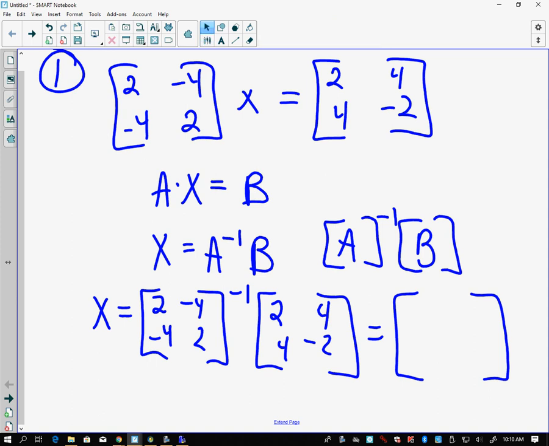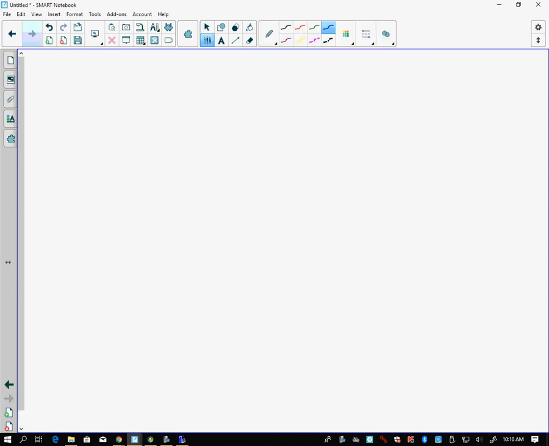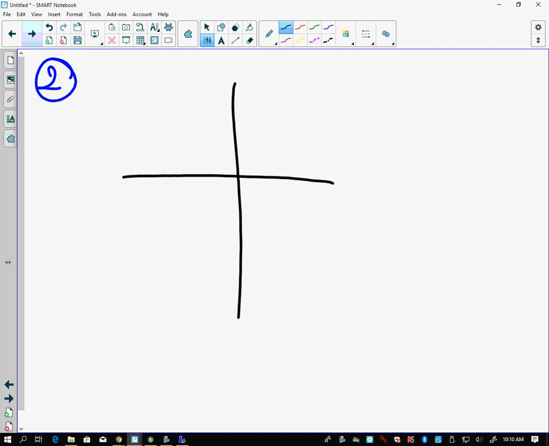Question number 2. You need to know the equation of a vertical line or a horizontal line. Okay, so let's say that I've got a graph, 1, 2, 3, 4, 5 on each axis, and I've got a line down here.